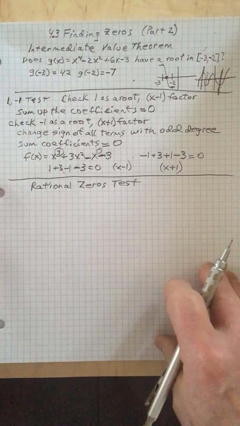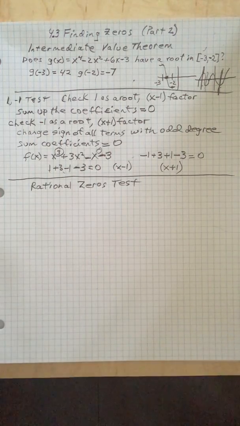The reason this one is only used in kind of unique circumstances is, number one, it'll give you a list of possible zeros. They may or may not be. And number two, oftentimes the list is huge.